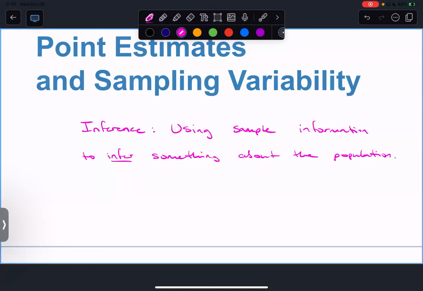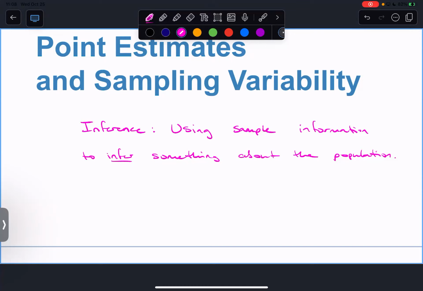Today we take a deep breath and calm down a little bit. We're going to be doing the same thing over and over again, and that's inference, just for different types of questions.